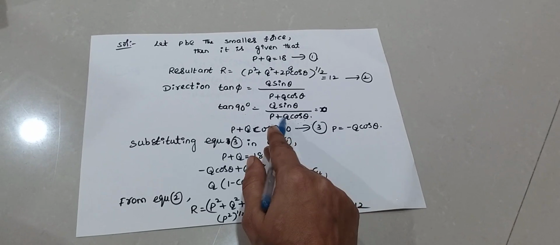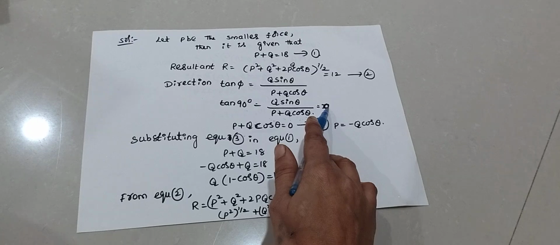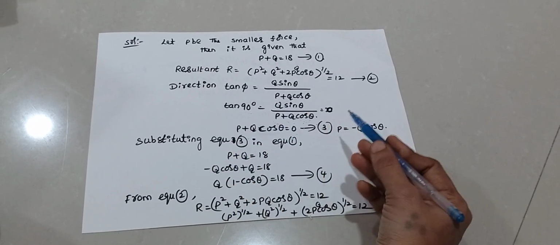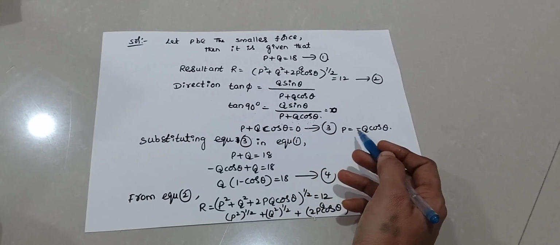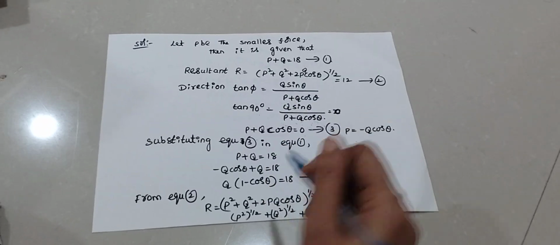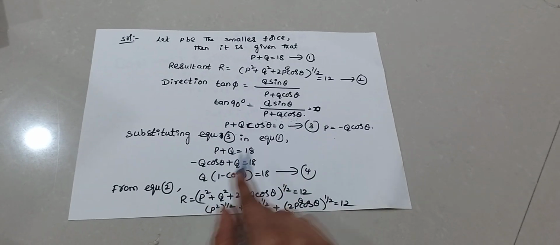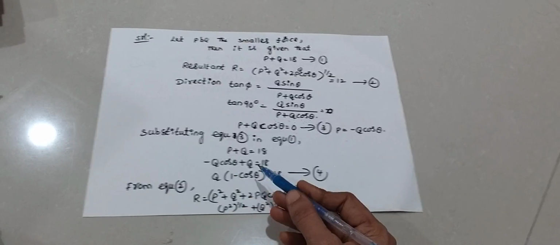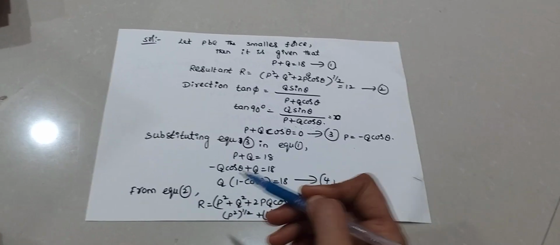P plus Q cos theta is equal to 0, so P is equal to minus Q cos theta. Substitute this value in equation 1: P plus Q is equal to 18. Minus Q cos theta plus Q is equal to 18. Q is common: Q times 1 minus cos theta is equal to 18.